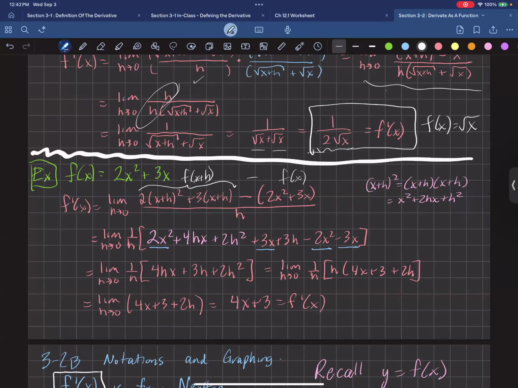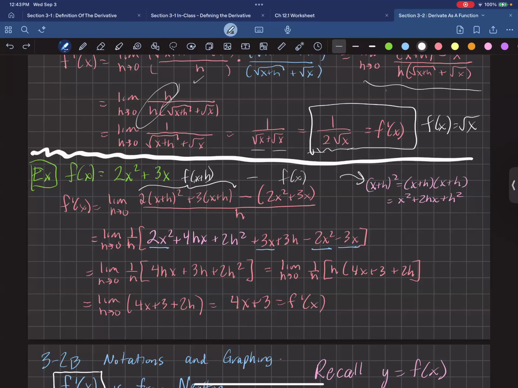For x plus h squared, I did some side work over here. If you plug it in with the multiplier of 2, we get 2x squared plus 4hx plus 2h squared. And then we distribute the 3 to the x and the h. I'm going to get rid of those lines just to make it a little bit clearer.